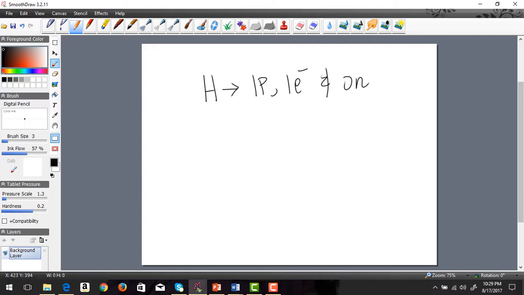What does that mean? Now we always draw our nucleus. This time, instead of just shading it black, I'm going to put 1p, meaning 1 proton is inside. There are no neutrons, but neutrons still go there. And then I'm going to take my time to draw my first orbital. We have 1 electron, and that 1 electron goes here.